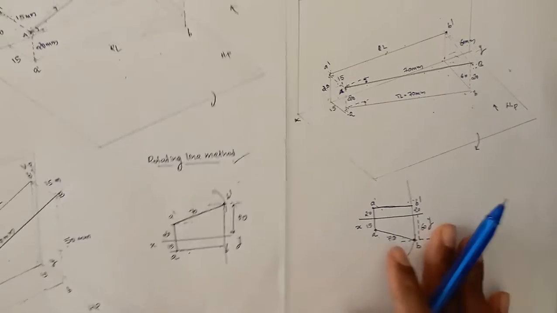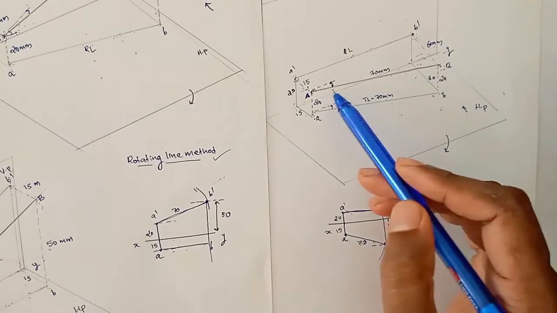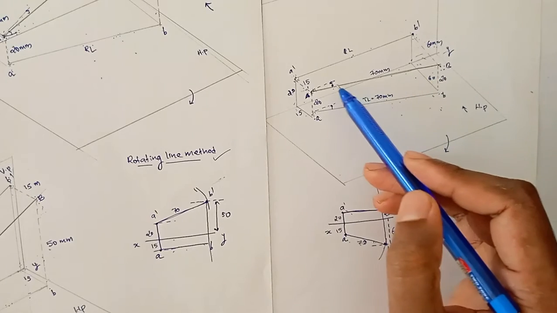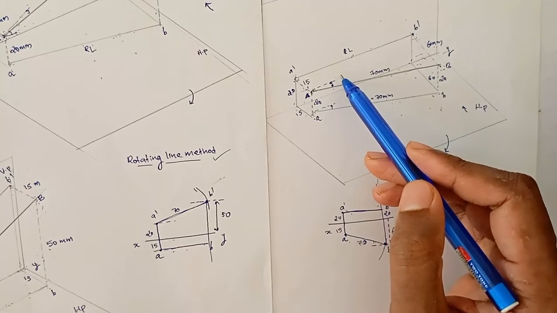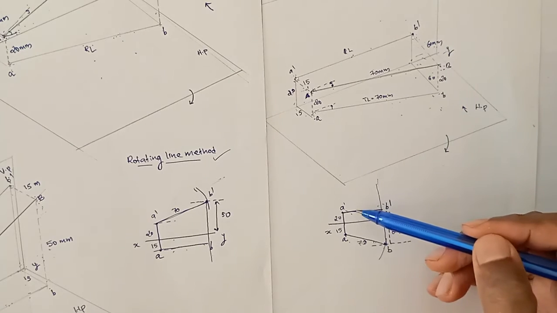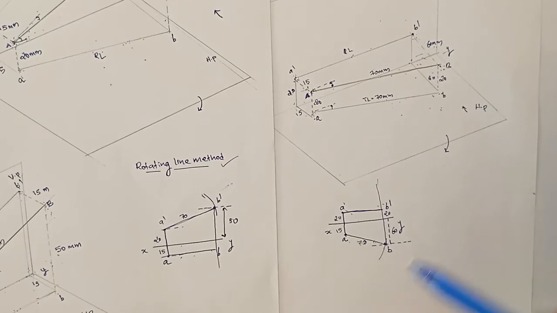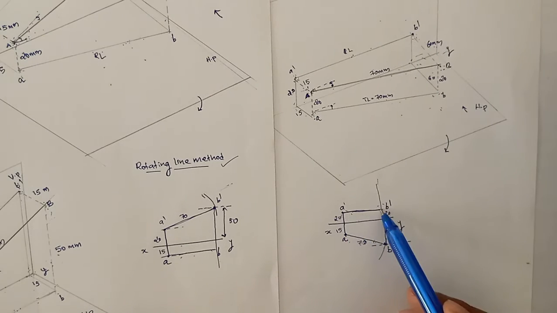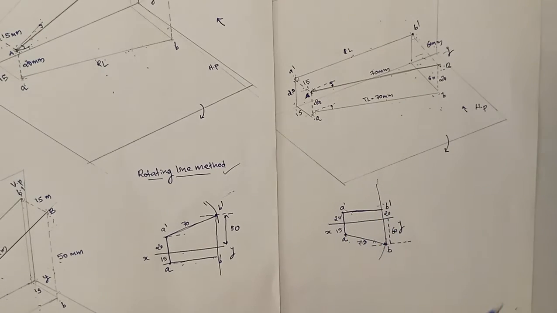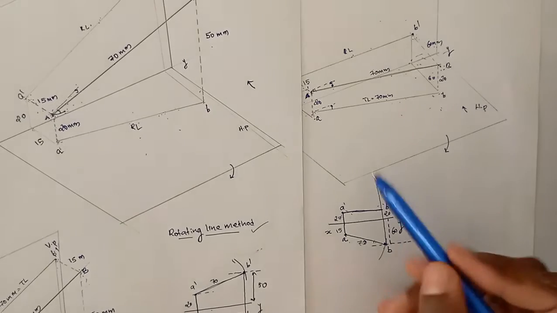Next we made the line parallel to HP, keeping the inclination with VP constant, and we got a front view and top view. Okay, then what about the length of the front view? This length of the front view will be a reduced length.